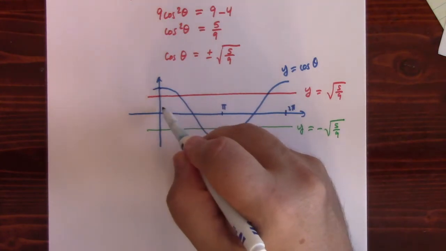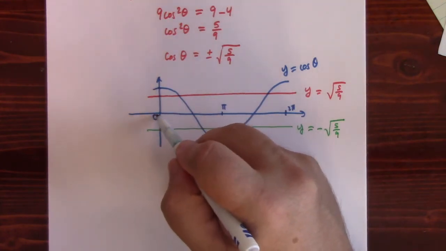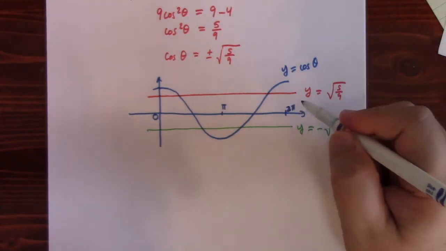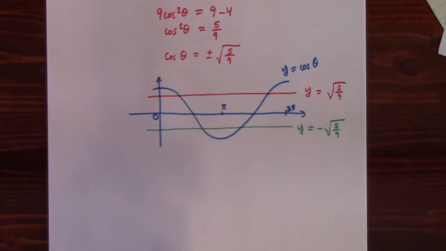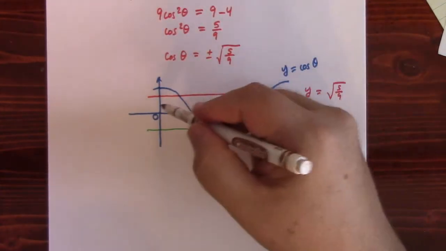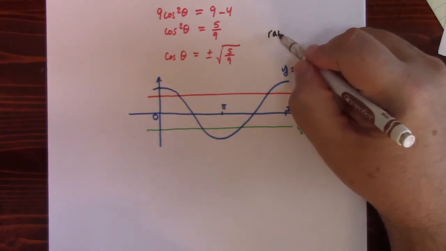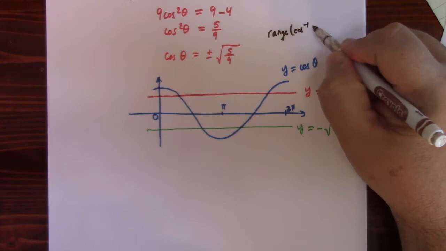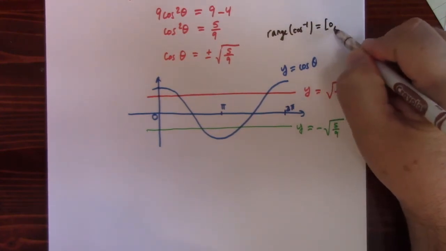Here is 0. I hope, if nothing else, all of these problems have removed some of your uncertainty about how we graph sine and cosine. I mean, after about the 20th time we do it, it should start to stick, right? Now, if we calculate inverse cosine, remember, the range of inverse cosine is 0 to pi.